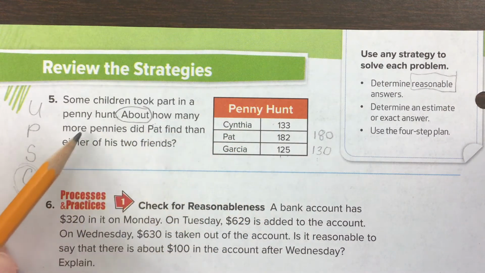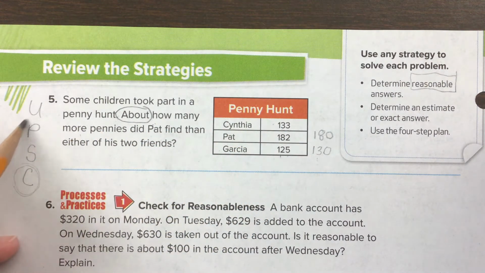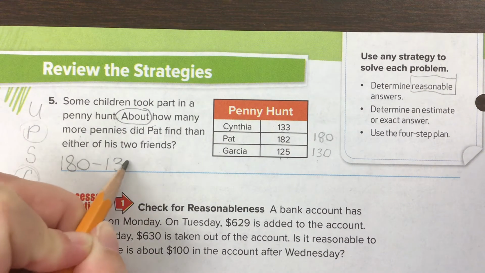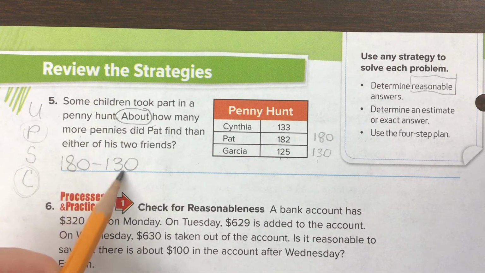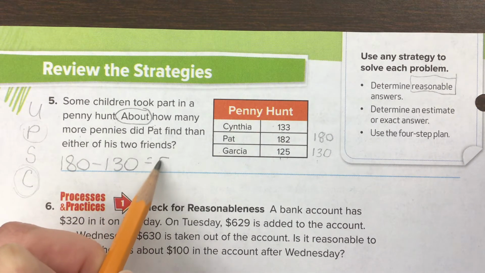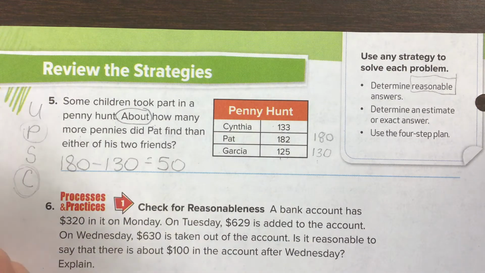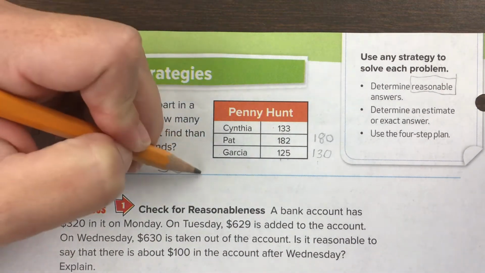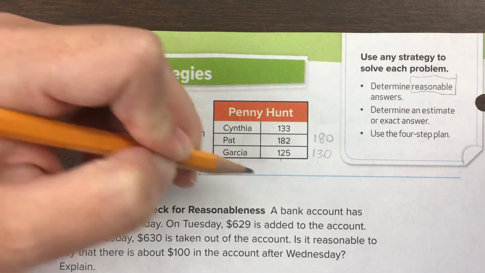So, about how many more? My plan is to subtract, because how many more means that you are comparing the numbers. I have 8 tens minus 3 tens, that's going to be 5 tens, which is 50. Pat found about 50 more pennies than his friends.